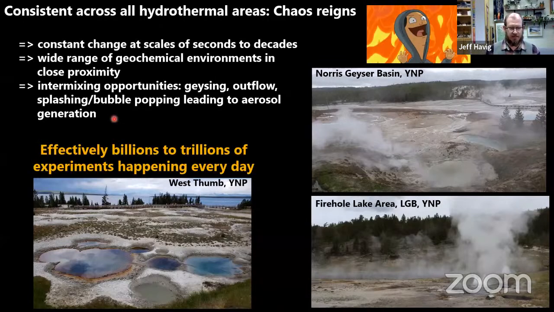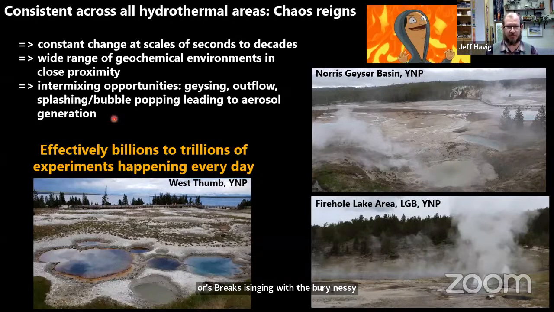And so effectively, hydrothermal areas can bring billions, trillions of experiments and drive those every day. That's a super powerful tool, to have a lot of different geochemical environments all interacting with each other and all in close proximity. So it's a very exciting, and fortunately very messy, way to do some chemistry.